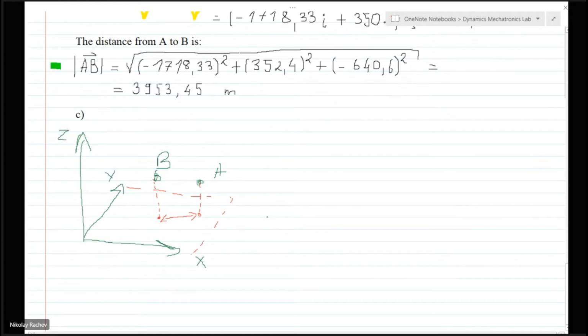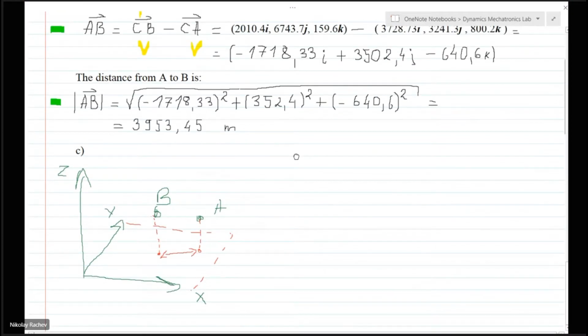Now, in our case, it is important for us to use the values for the x and the y coordinates. The calculation method is absolutely the same.